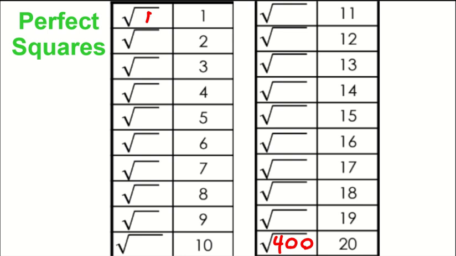The state says we got to know all the way up to the square root of 400. That means anything from 1 to 20 squared could be on your EOG or on your check-ins.